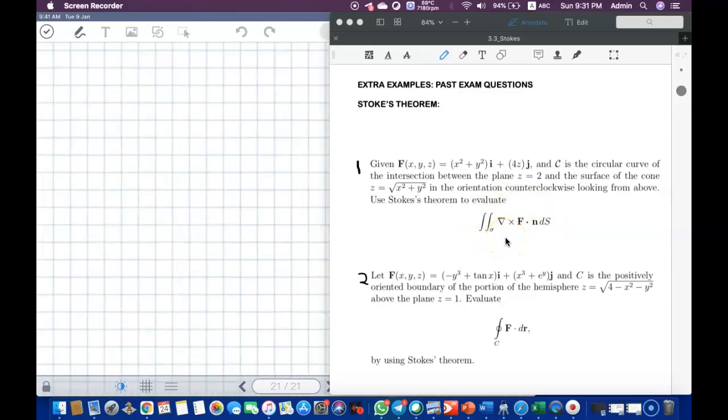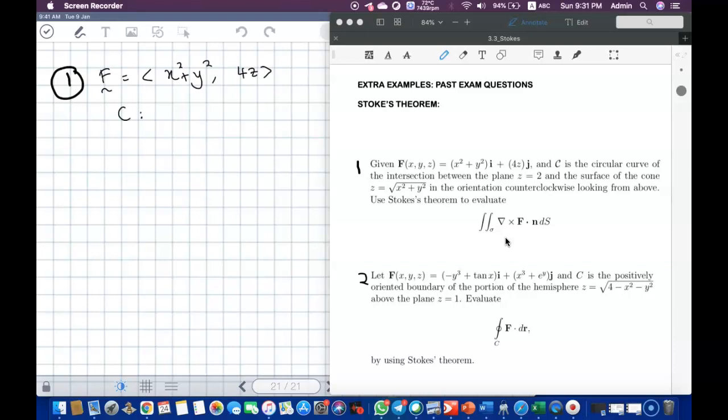So the question 1, the information provided, we have f is given by x squared plus y squared i, and g is for z. And we have a curve which is a circle.